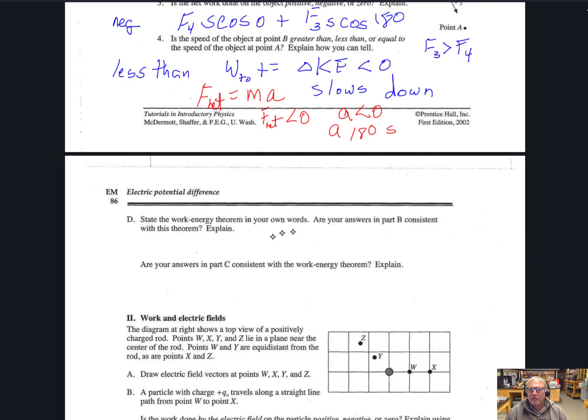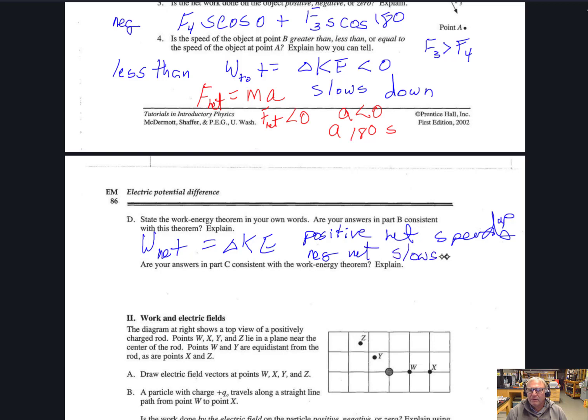Okay, so work net, if you like, equals the change in kinetic energy. So positive net work speeds up, negative net work slows down. Is that your answer?